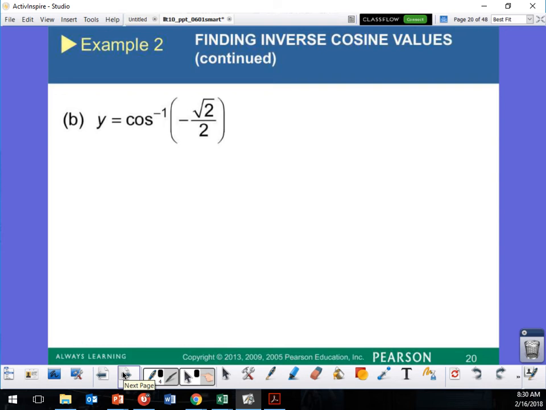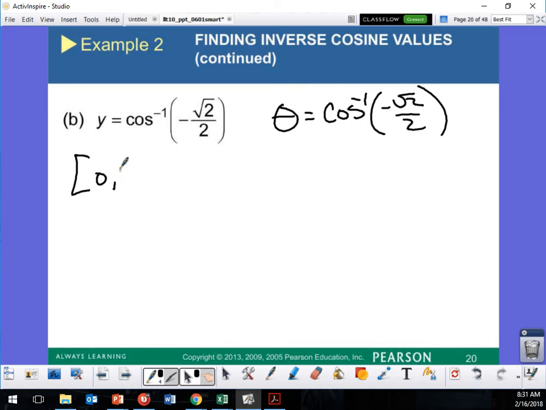Alright, again, theta is equal to inverse cosine of negative radical 2 over 2. So from my interval from 0 to pi, negative radical 2 over 2 equals cosine theta.